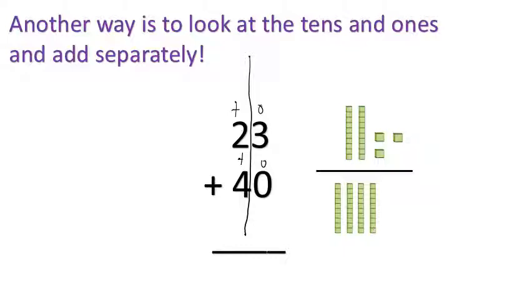I never add my tens place first. Otherwise, you're going to have a huge mess. My ones place is 3 plus 0, which is 3. My tens place is 2 plus 4, which is 6. So what's my answer? 63. That's a lot simpler than counting forward, but both ways are helpful.